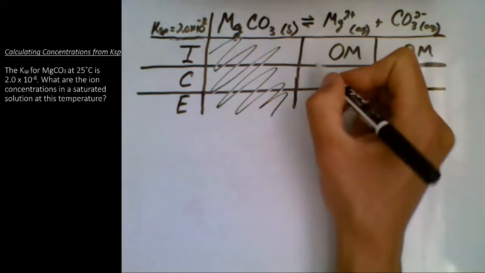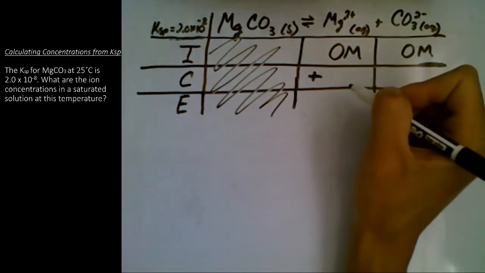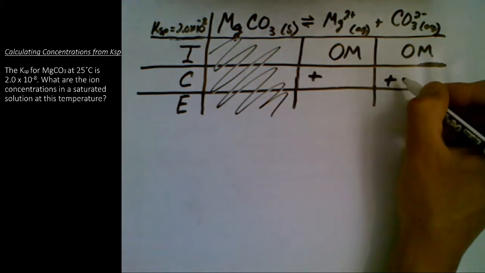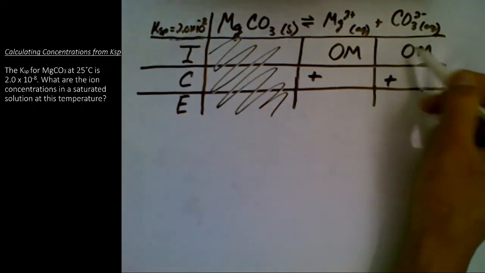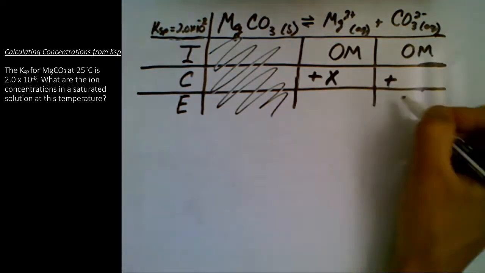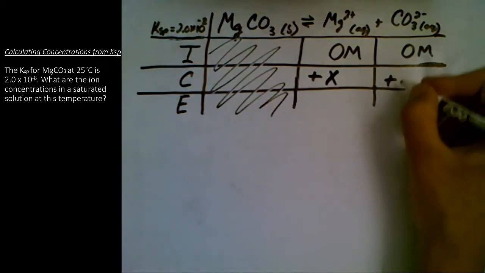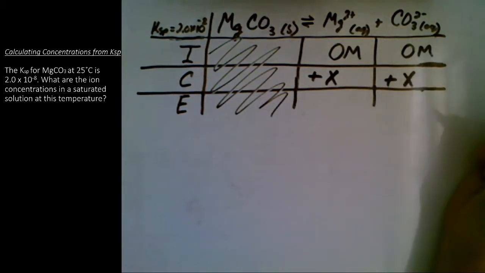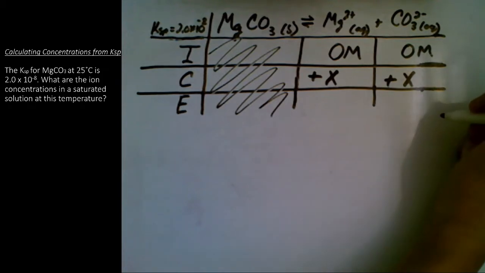The other thing we know here is these concentrations have to increase. We know they have to increase because they have to go higher than 0. We don't know by how much, but we know it's by some factor related to their coefficients. And we're dealing with 1-to-1 ratios in this problem, so it's just increasing by a factor of x.